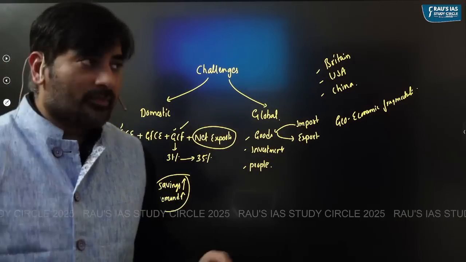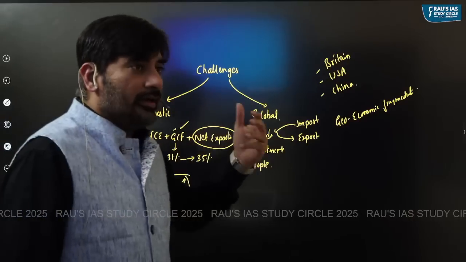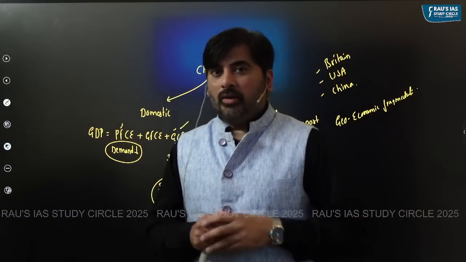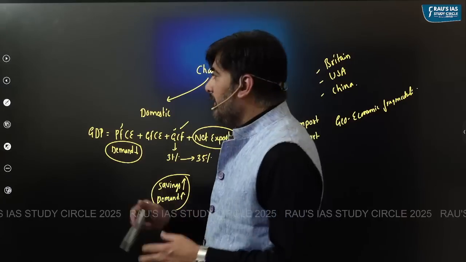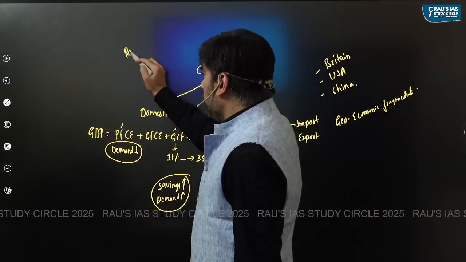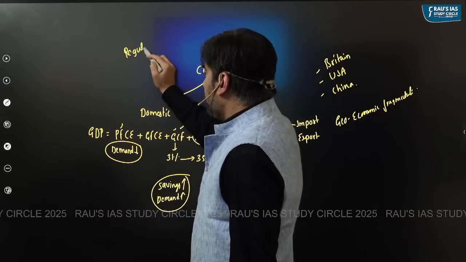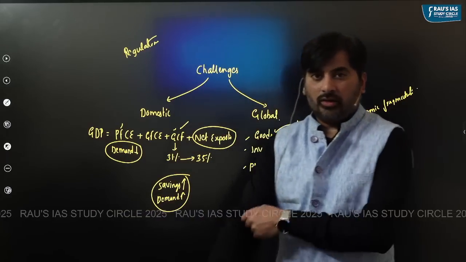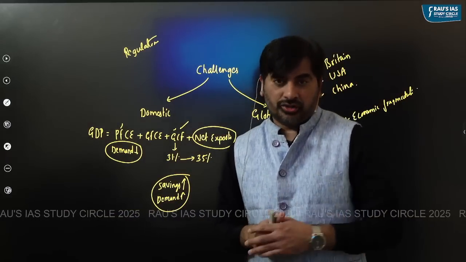Apart from that, if I could go into a little more detail from the economic survey, the economic survey has highlighted the government rules and regulations with respect to utilization of factors of production.